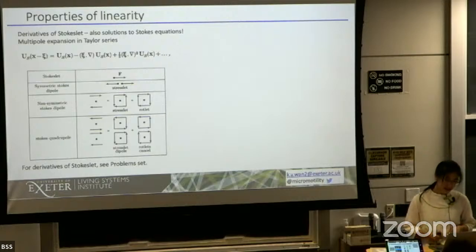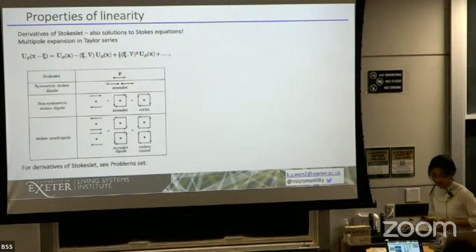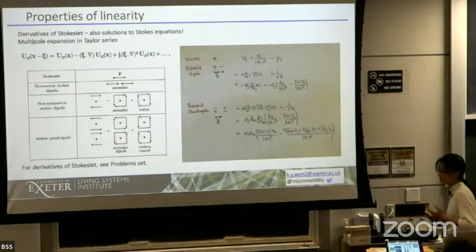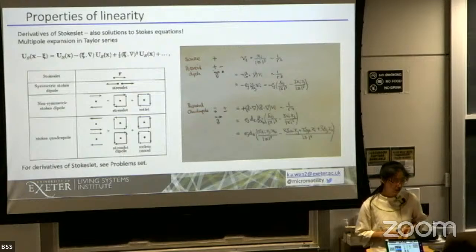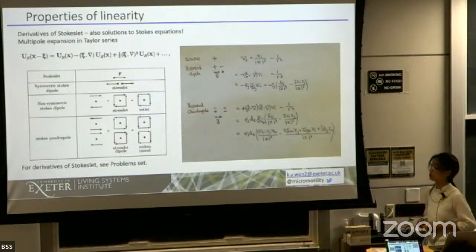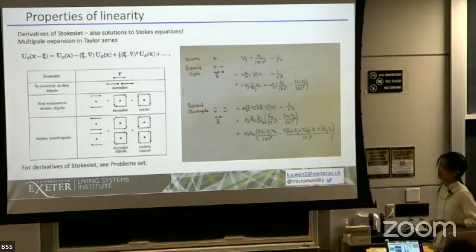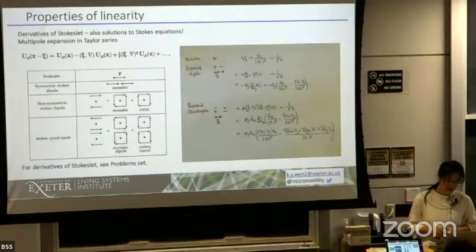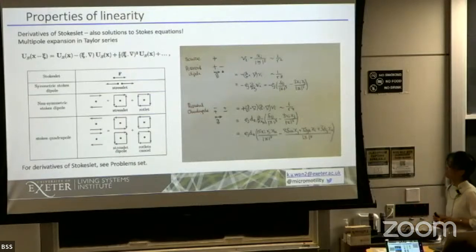And then there's a second class of solutions, similar to what you get in potential flows. For that reason, they're known as potential dipoles or potential quadrupoles or even higher order solutions.